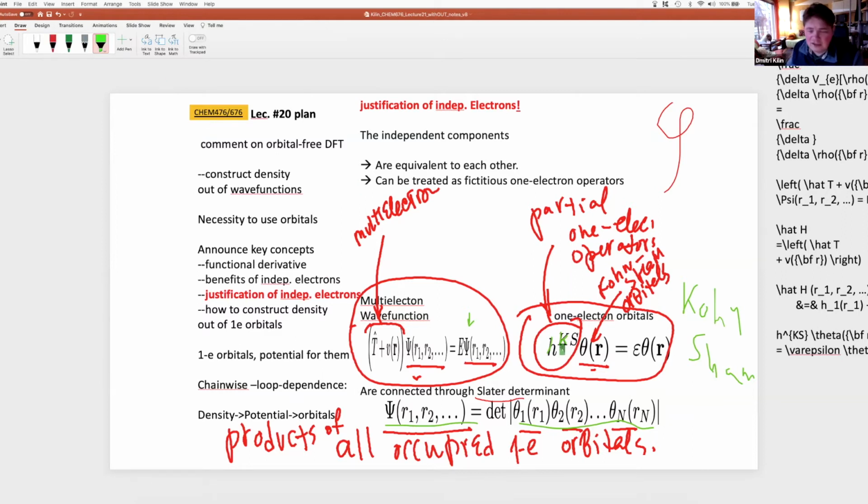And in this artificial world, we build one-electron orbitals. And the only thing is to return back to the multi-electron problem by combining these one-electron orbitals in some way.